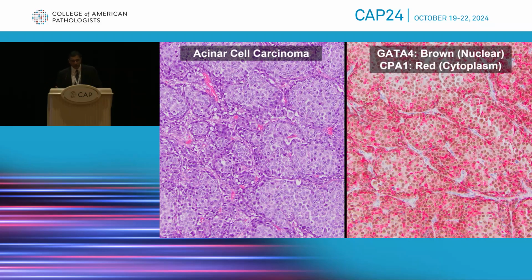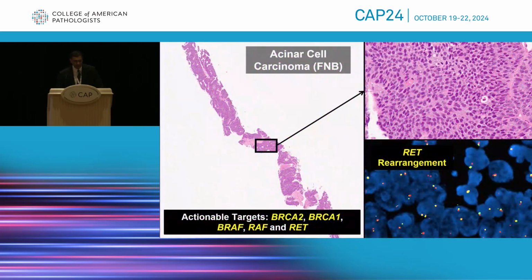It's a nice double stain to use for not only our resections, which are typically very straightforward, and we can use trypsin or BCL10, but really the utility of the dual stain itself, which is now starting to get some traction in other labs, is that you can use it on FNBs, and you don't have to use an extra slide to get to the diagnosis. It's nice to conserve on the number of slides that you have.